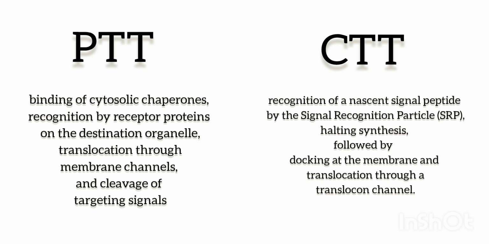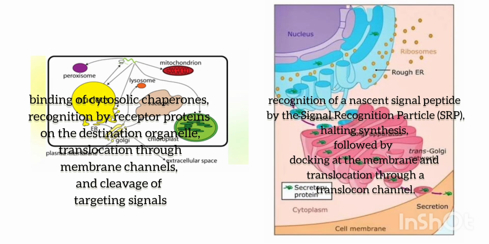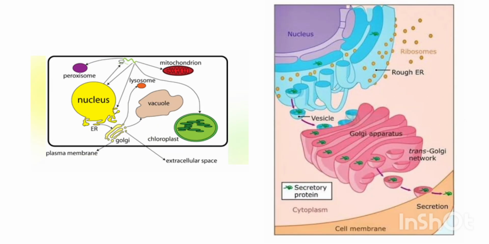So what are the steps? Recognition of the nascent signal peptide by the signal recognition particle, halting synthesis, followed by docking at the membrane, and translocation through the translocon channel in co-translational targeting. So there are steps like translation start, then translation halts for some time to start targeting.